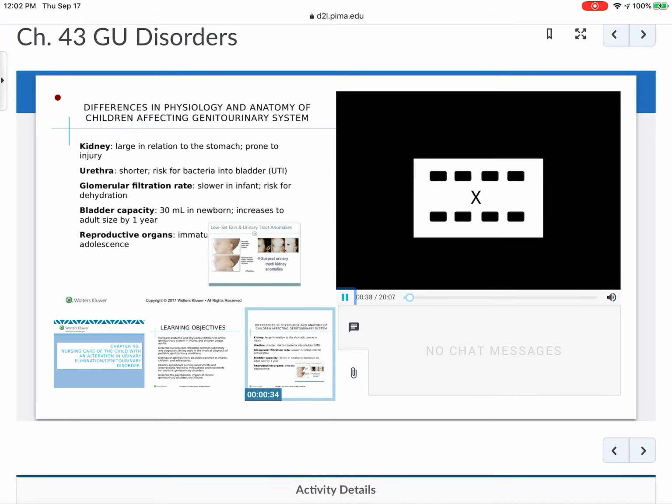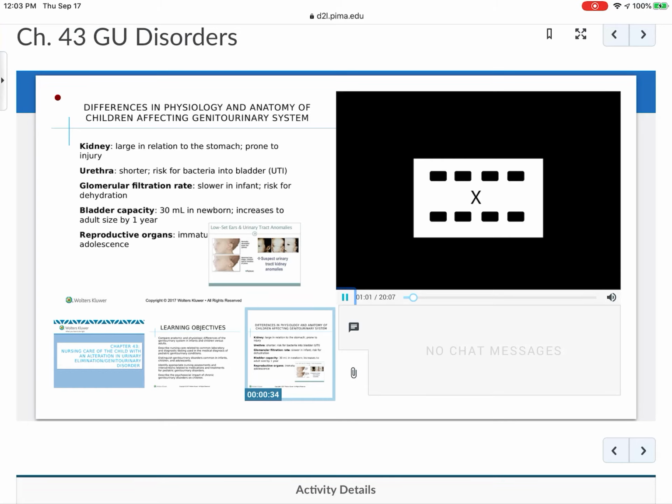So when we talk about structural differences, we're talking a little bit about what we see in kids. Congenital disorders, we see a lot of those in infants in the GU system. We also see illnesses like UTIs.